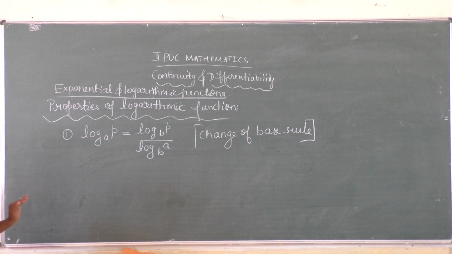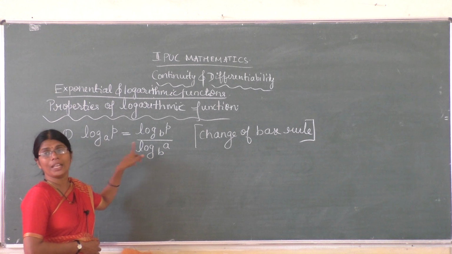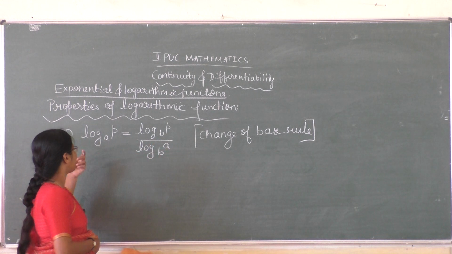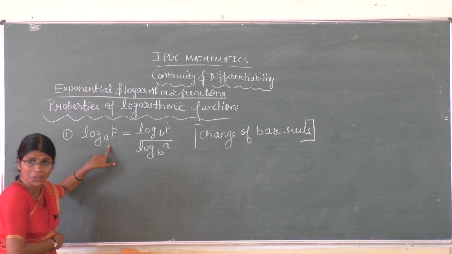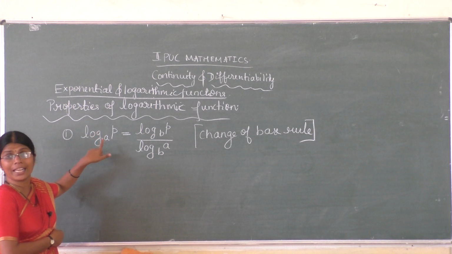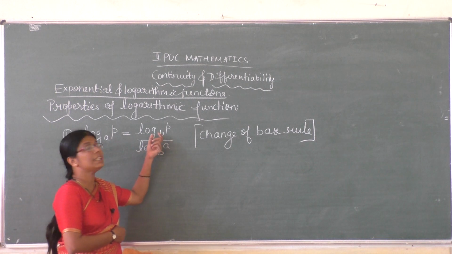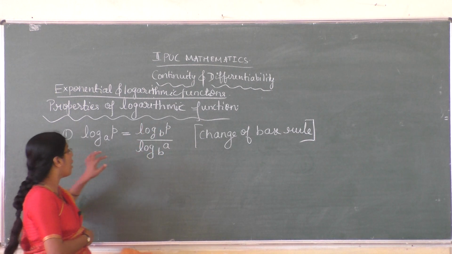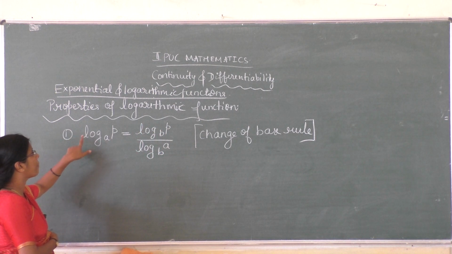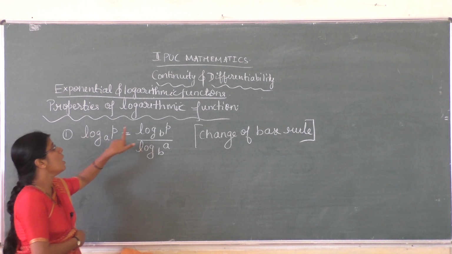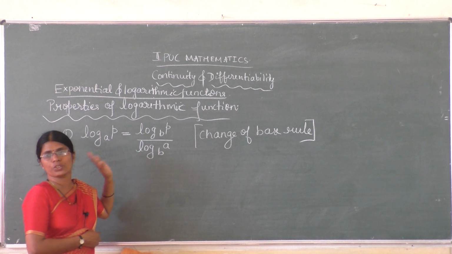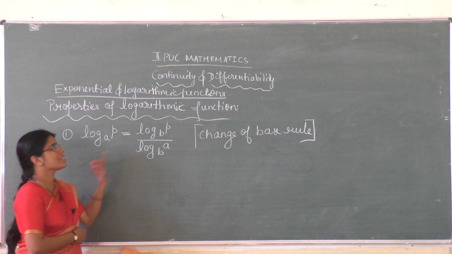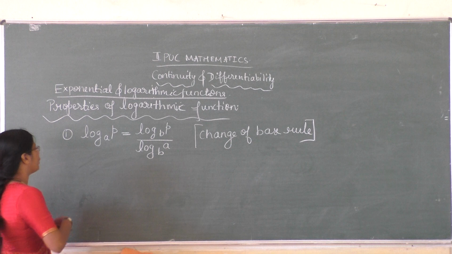Here we have base a; if it is not required, then we change the base, and I will take the new base b. So the formula is log p to the base a is equal to log p to the base b divided by log a to the base b. This is the first property. We will give a proof afterwards.